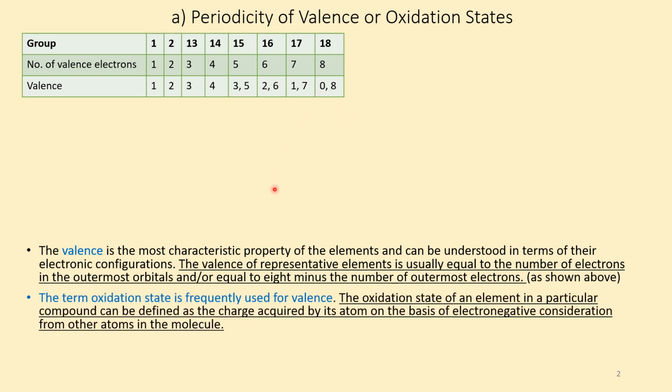The term oxidation state is frequently used for valence. So we use the term oxidation state for valence.